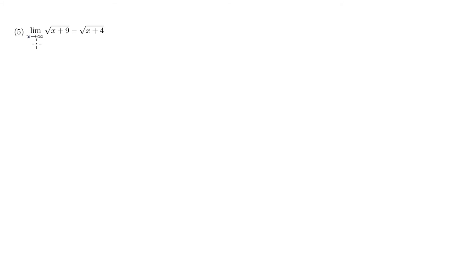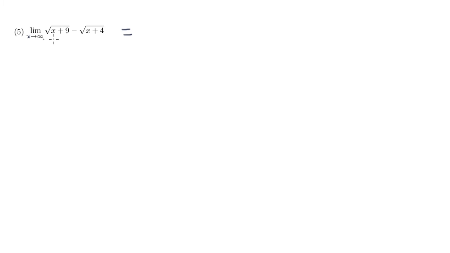Okay, so up until now, there's always been kind of a rational function aspect to the limits we're taking. There's a numerator and a denominator. What's going on? Well, let's just think about what this equals informally.